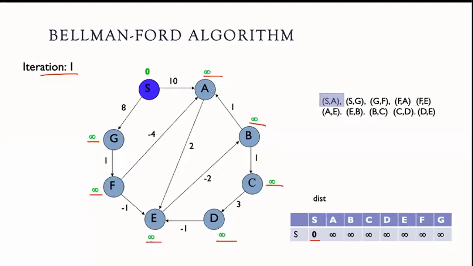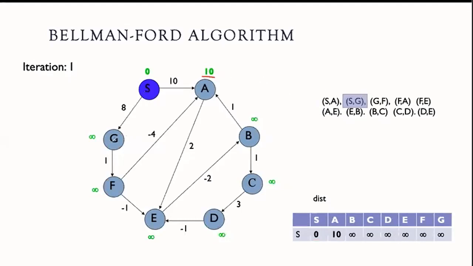Is it clear? Distance of A right now is infinite, but we have an edge from S. Distance of S is 0. So 0 plus 10 is less than infinite. So update the weight of A from infinite to 10. Okay, weight of A is updated to 10.